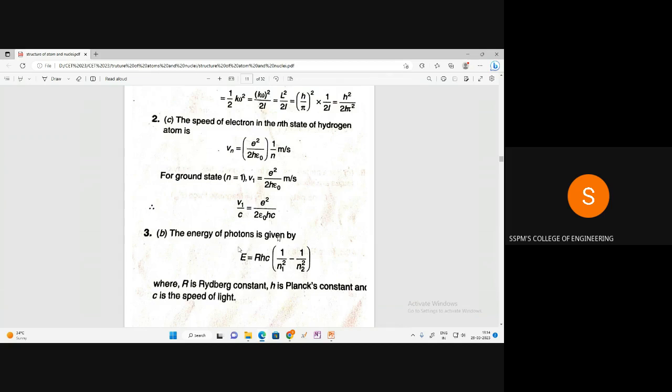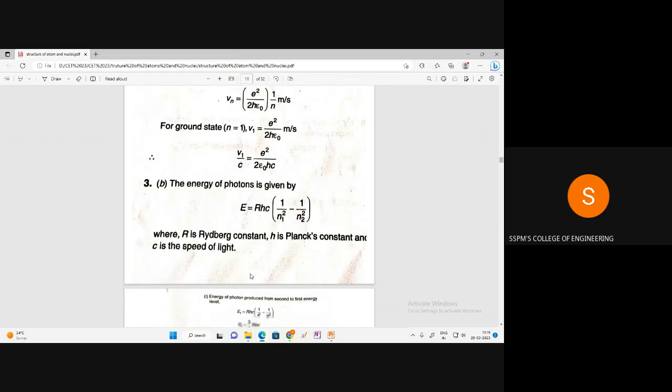Okay. The energy of photon is given by E equals Rhc into 1 upon n1 square minus 1 upon n2 square. This is expressed in terms of Rydberg's constant. Energy of the electrons in different energy states is to be expressed in terms of Rydberg's constant, and h is Planck's constant, and c is the speed of light. For the energy of photon, the transition has taken place from 2 to 1.